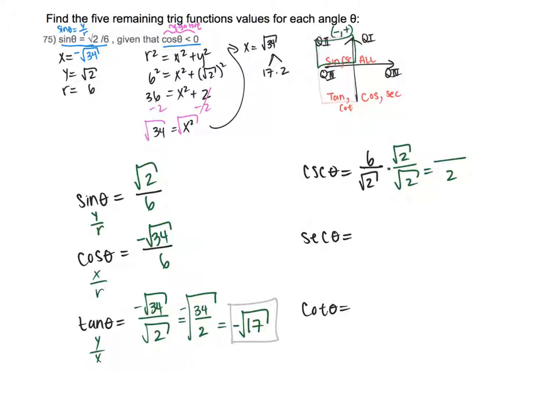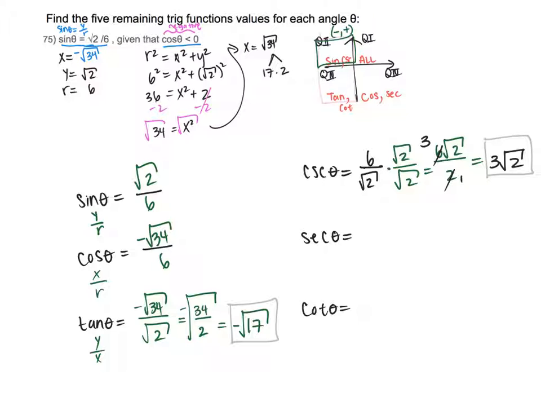So if I multiply the bottom by the square root of 2, that cancels and just leaves you with 2. So 6 square root of 2. If you reduce, 6 and 2 can be reduced down to 3 and 1. So we could really just call this 3 square root of 2. And there's no more denominator, so I don't have to worry about rationalizing anymore.